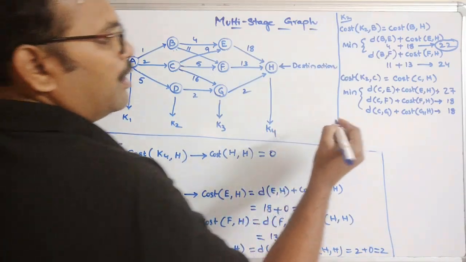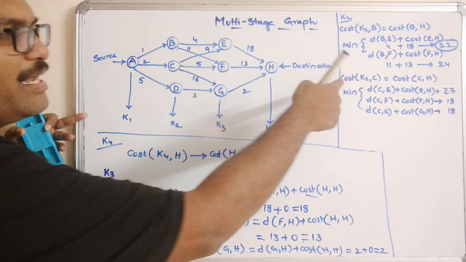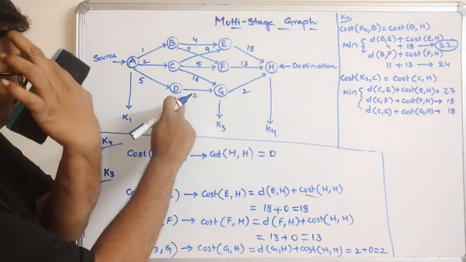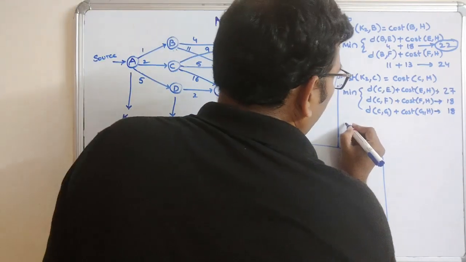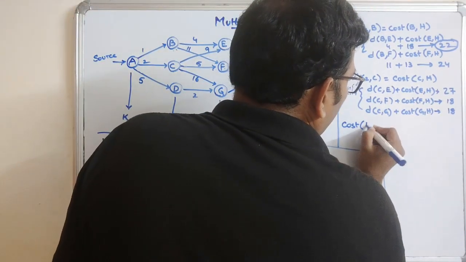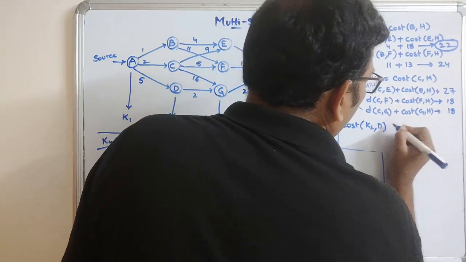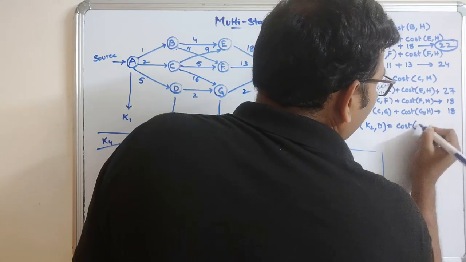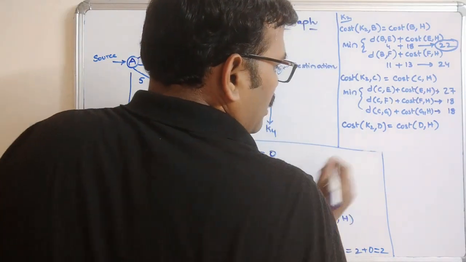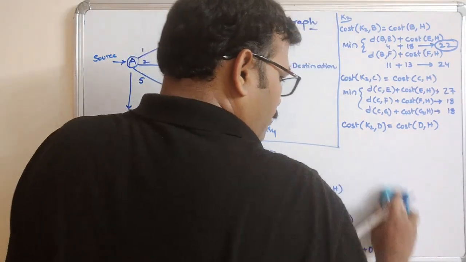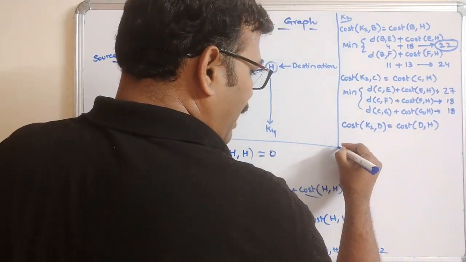Leave it. Now, is there any vertex in stage 2? Yes, there is a vertex of D. So again, find out the cost of K2 comma D, which is nothing but cost of D to H. So here, whether it is required to find the minimum value?